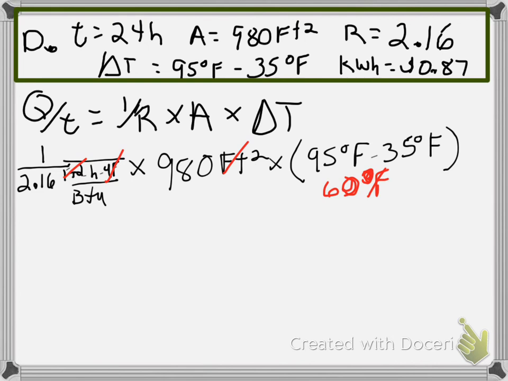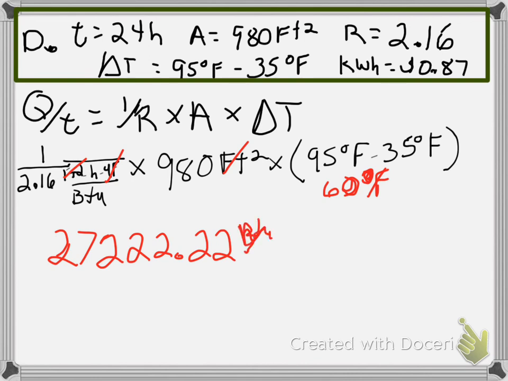So when I work that part of the problem, I get 2, 7, 2, 2, 3 twos, 0.22, and that is hours of BTUs.